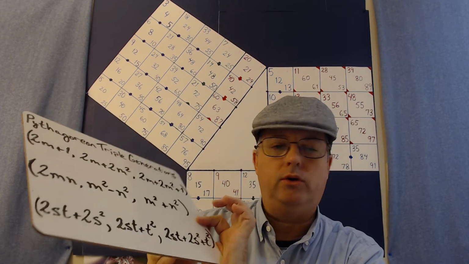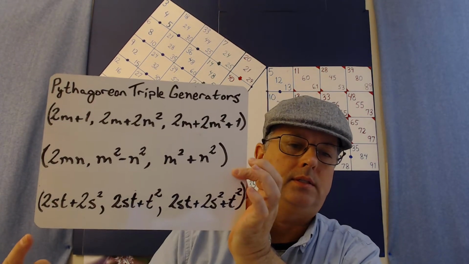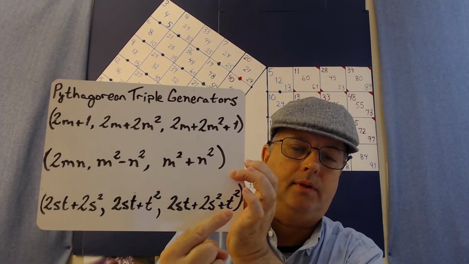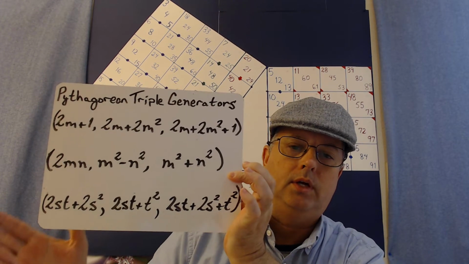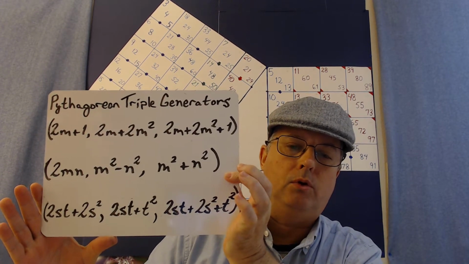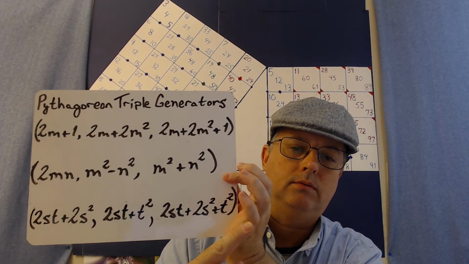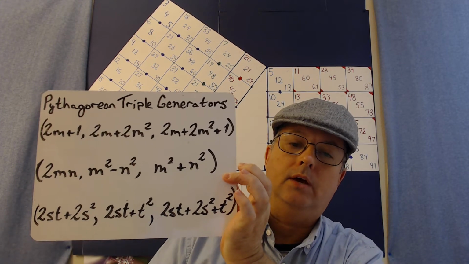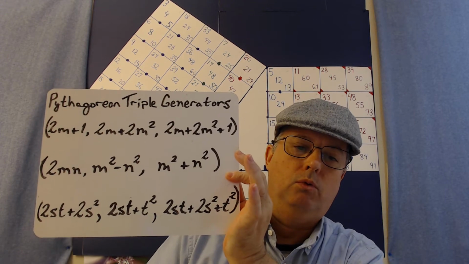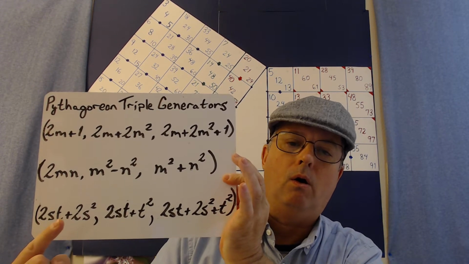Now we're going to do one more video about this last formula that generates Pythagorean triples. In this video we're going to show how this formula came about, because that was one of the inspirations to make all of these videos.